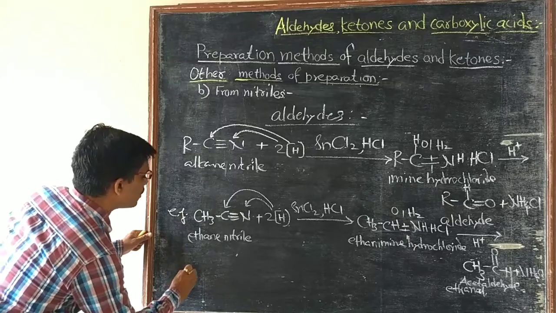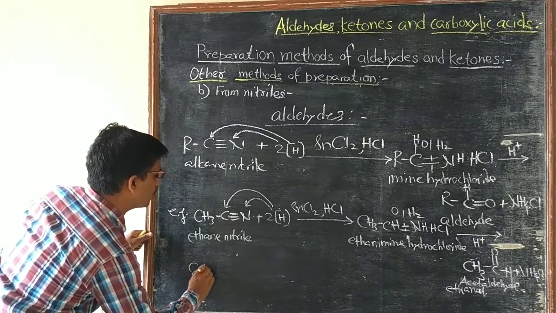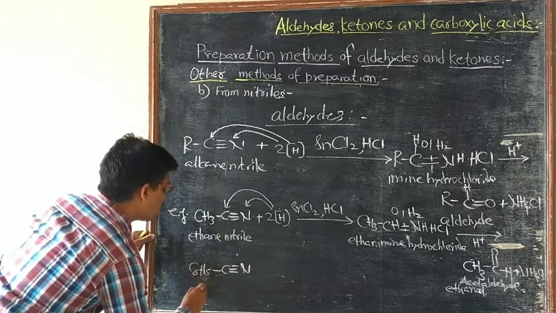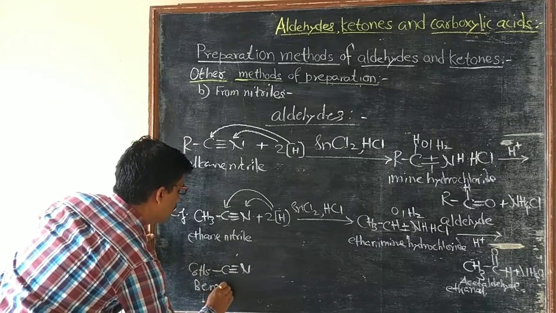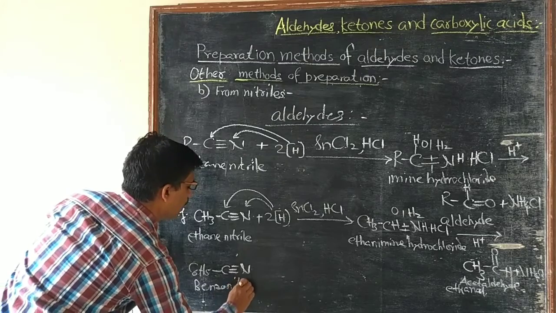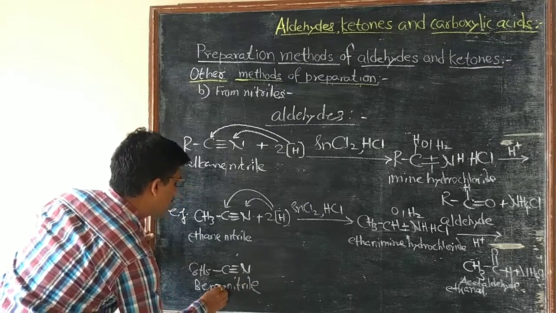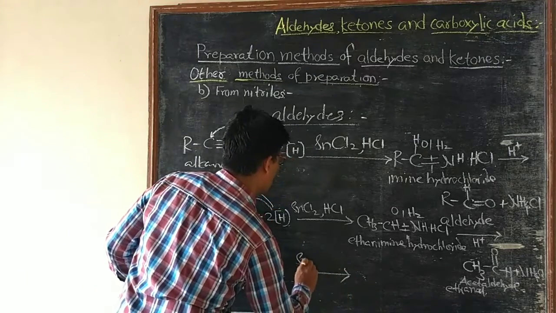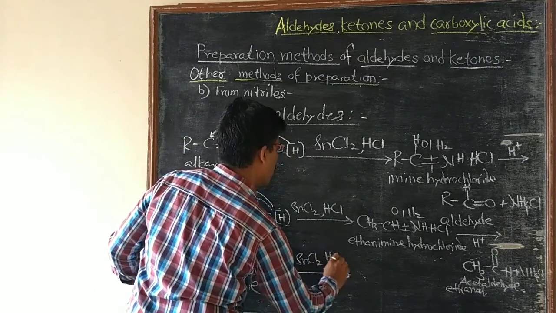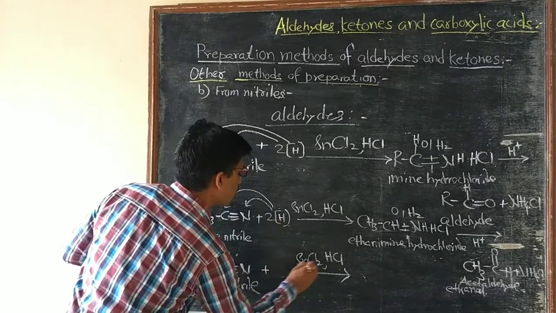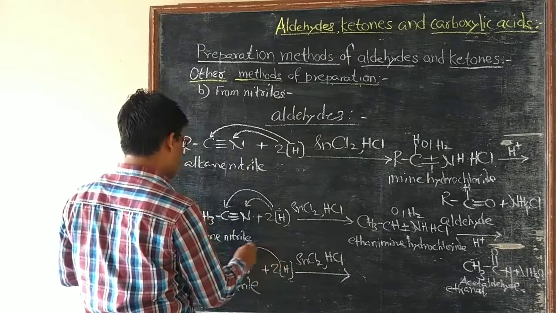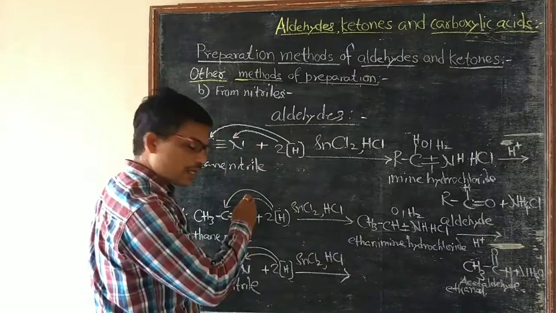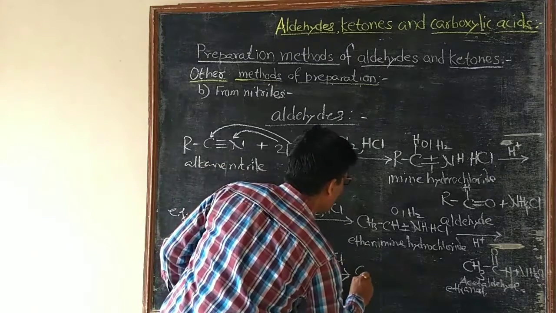Then another example is benzonitrile. When benzonitrile is treated with stannous chloride and hydrogen chloride, one hydrogen goes to carbon, in this case also another hydrogen goes to nitrogen to form its imine hydrochloride.